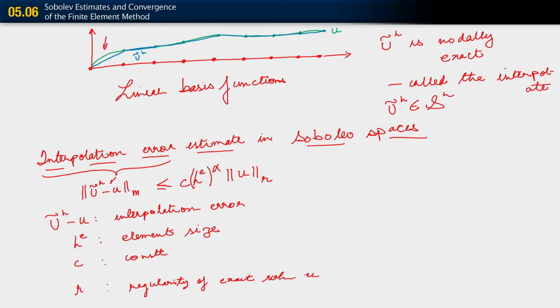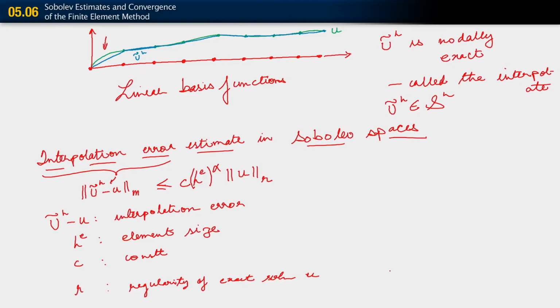Okay, so note that when we are talking about the r norm of u, we're saying that yes, if we were to square integrate the exact solution and also square integrate its derivatives up to r, right, up to its rth derivative, we would get a quantity which is bounded, and that is the r norm.